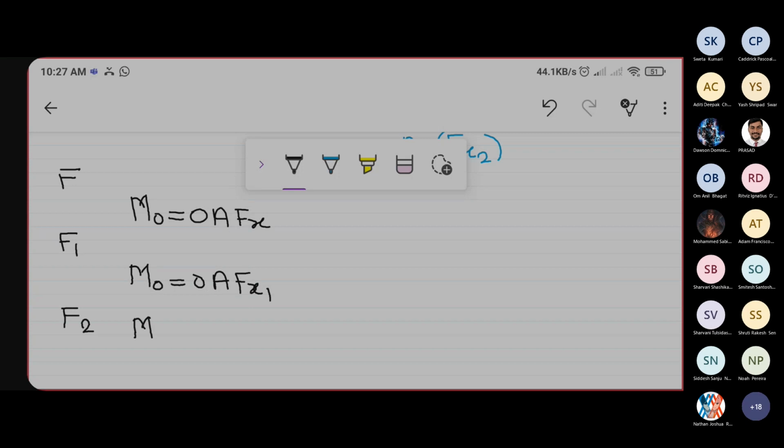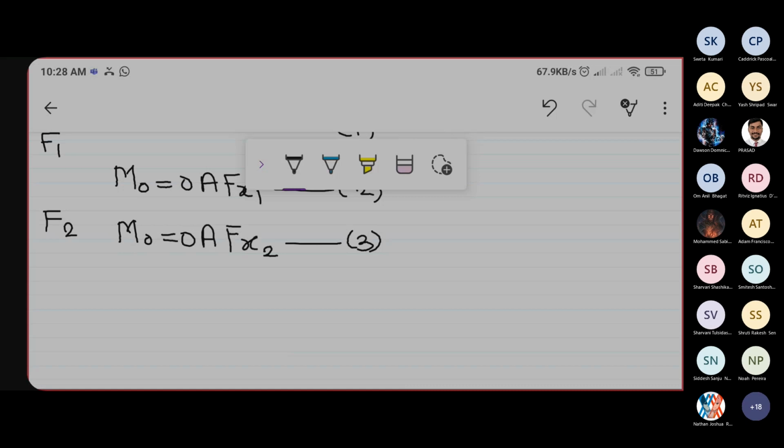For F2, moment is OA Fx2. Okay. Now let's give equation numbers 1, 2, 3. Okay. So let's add equation number 2 and 3.